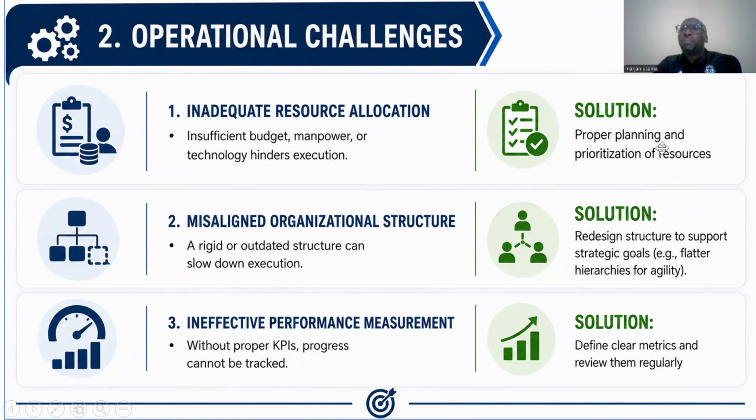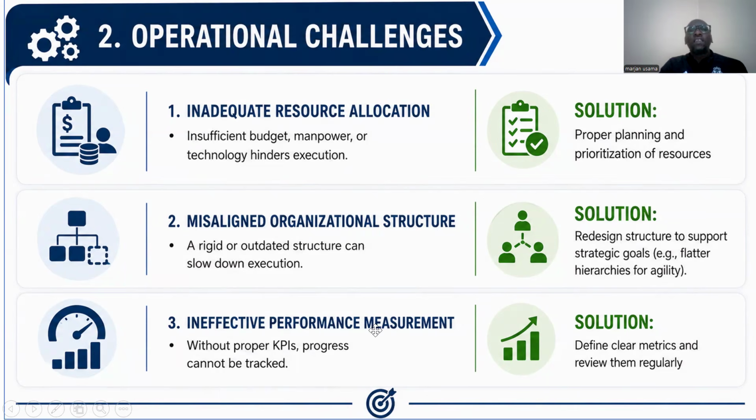So we need to properly plan and prioritize our resources. You cannot implement without resources. Number two, misaligned organizational structure. So we have a very rigid or outdated structure, which can slow down execution. So the solution is to redesign our structure, redesign our processes, redesign our systems.